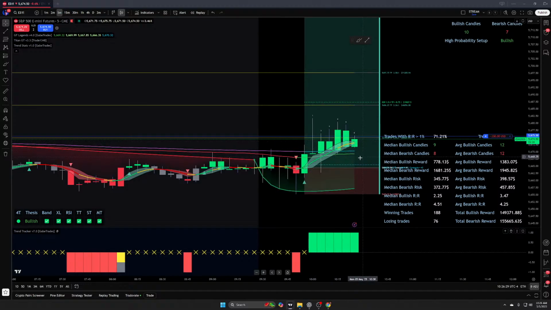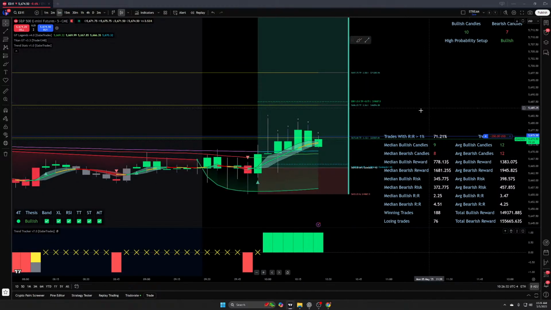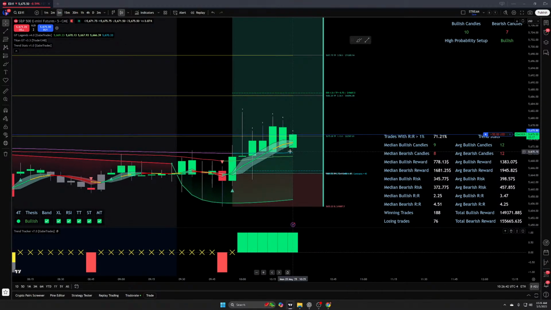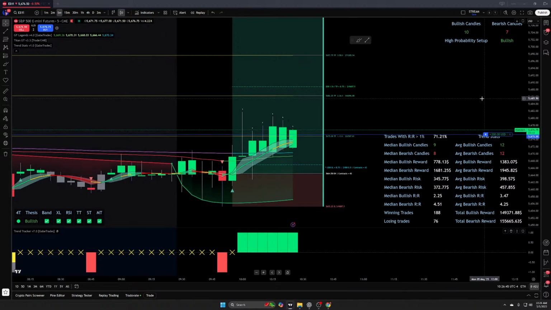As long as we're above the 200, we are bullish. And I could say, all right, well, it's struggling at this level, this very same level which I established as my risk. So what do I do? Well, I have to trust the system there. There you go. They're green here. And so I'm just holding.